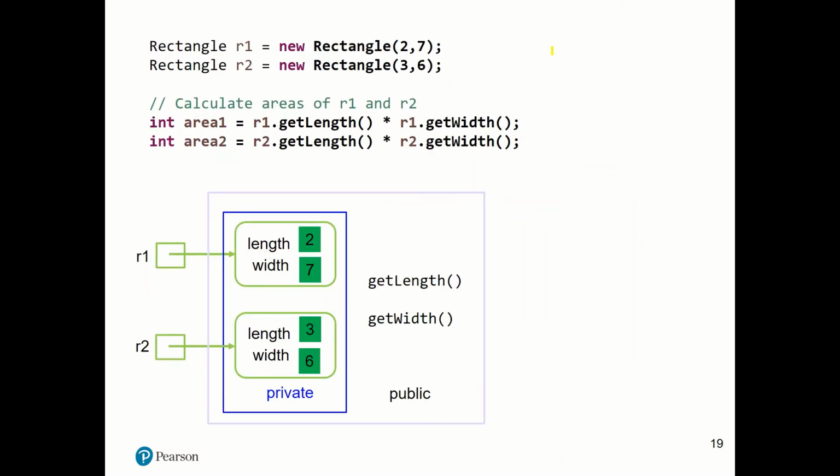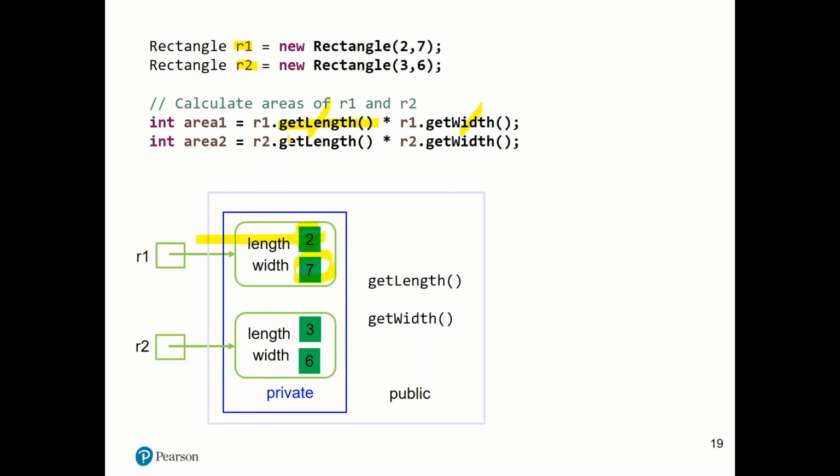You can use an accessor like this. At first make two Rectangle objects, and then if we want to compute the area of these rectangles, we need to get the length and width of each rectangle. In that case, since length and width are private members, we cannot access them directly. So we use getters, accessors, like this. r1.getLength will have this value, so 2 will be returned here, and then r1.getWidth will have this 7, so 7 will be returned here.